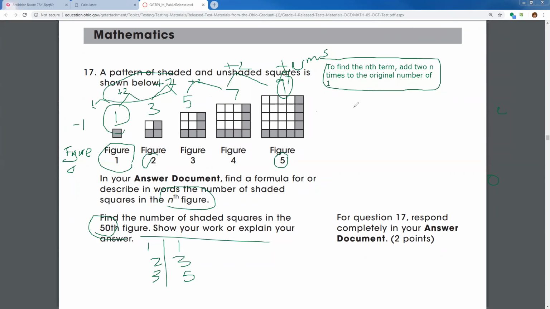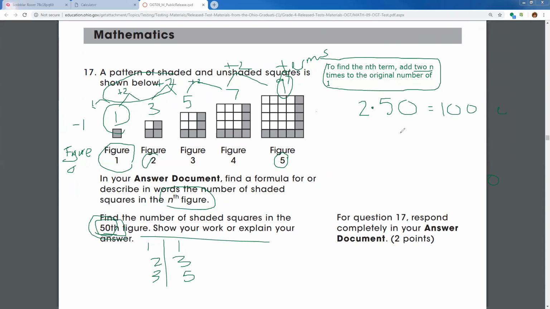So then using the verbal, if we're adding it to the original number of 1, when they ask for the 50th figure, instead of creating a whole table, one more option is to do 2 times 50, because we said we're adding to n times, and they specified using 50 as the number n in this second sentence.